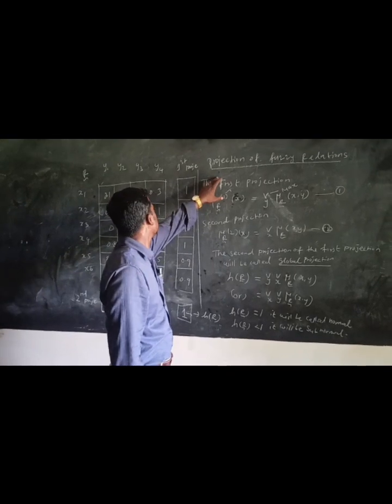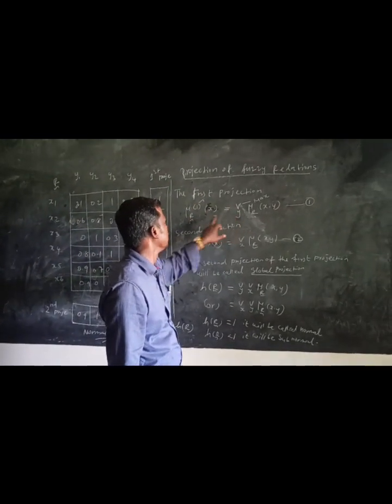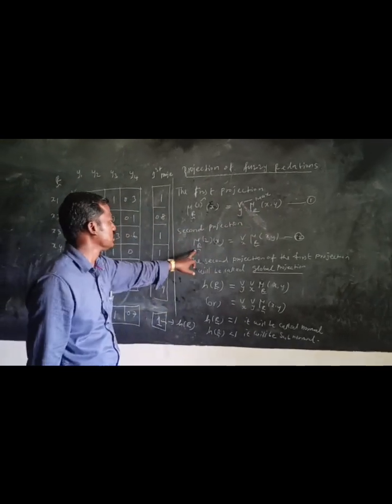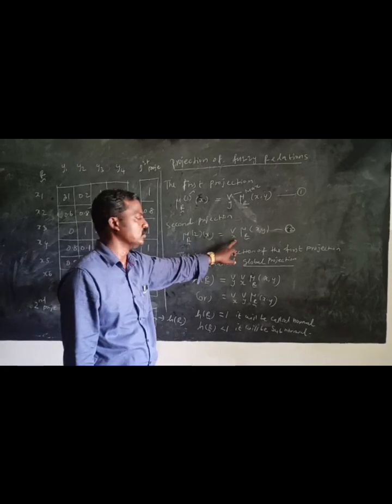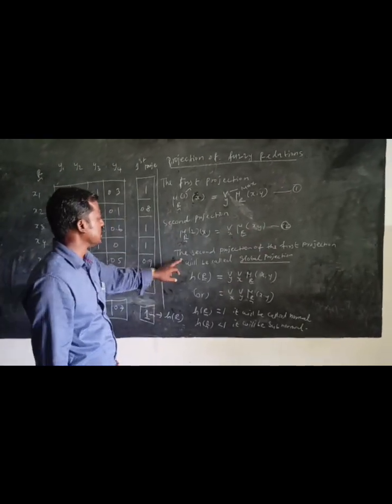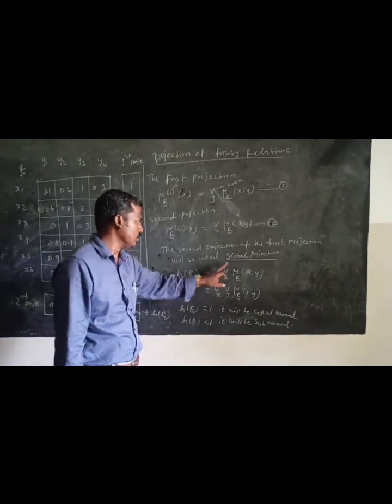Now we will revise. The first projection is defined as μ_R(x) equal to union over y of μ_R(x, y), and the second projection as μ_R(y) equal to union over x of μ_R(x, y). Then the second projection of the first projection is called the global projection.